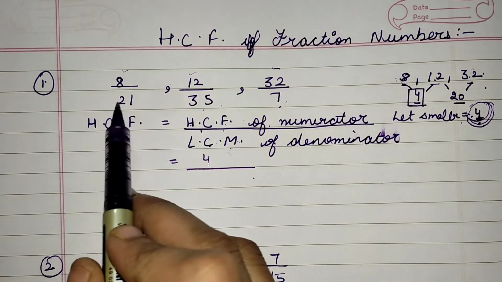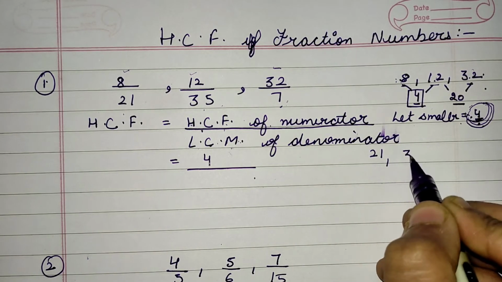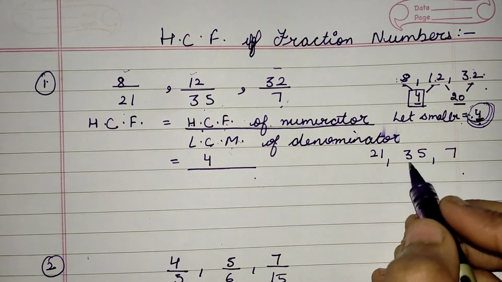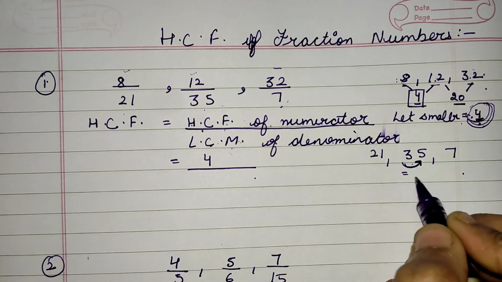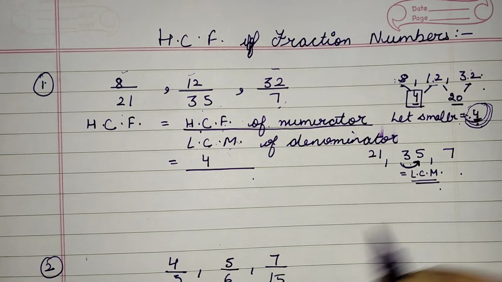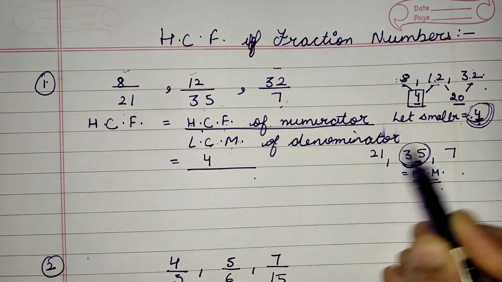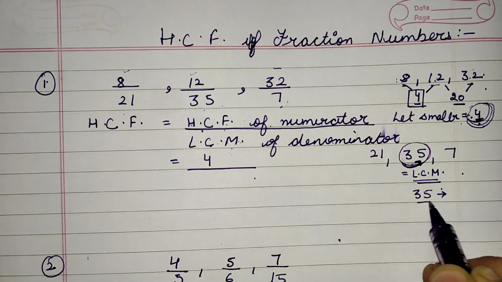Now let's talk about the LCM of the denominators, which are 21, 35 and 7. What trick do we use to find the LCM? We imagine that the bigger number is my LCM. So let us suppose 35 is my LCM.